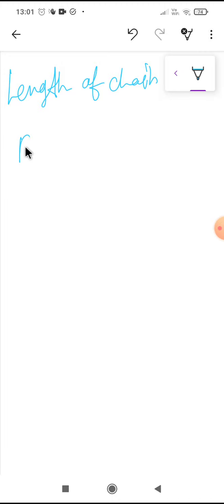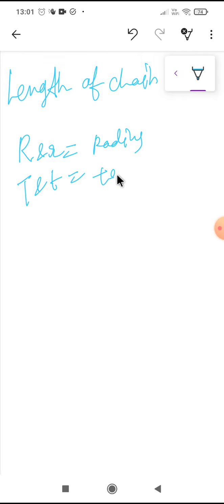Suppose R1 and R2 are the radii of the pitch circles of two sprockets, having T1 and T2 teeth. Now if C is the center distance between the two sprockets, that is K into P. What is P? P is the pitch of the chain.